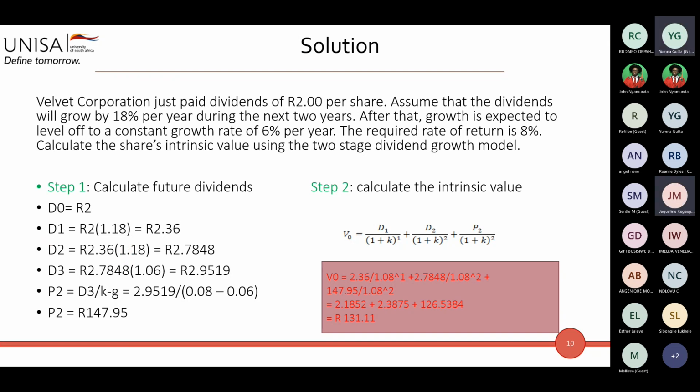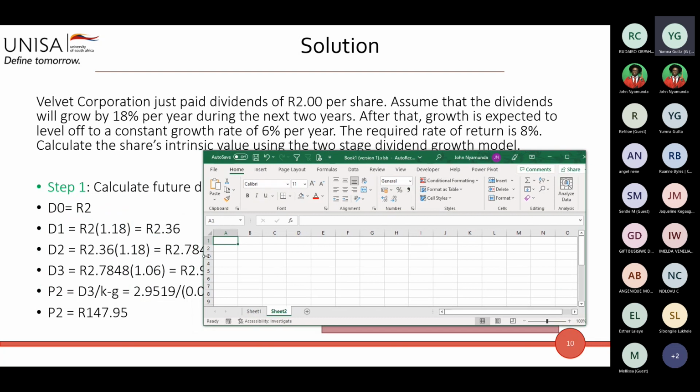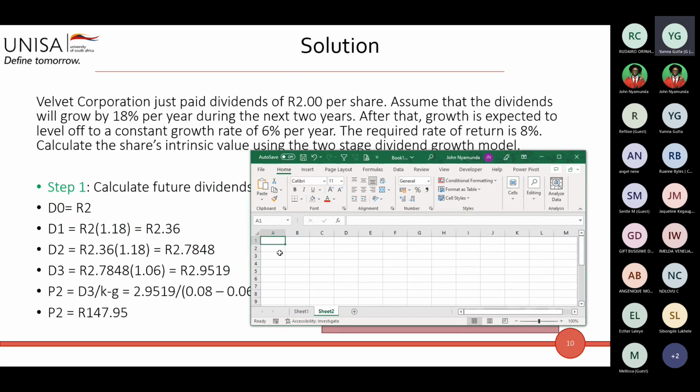So now your dividend in year 0 is 2 Rand, right? Now the dividend is growing by 18%, right? So how do you calculate your dividend for year 1? You say D1 is equal to D0 multiplied by 1 plus 0.18.